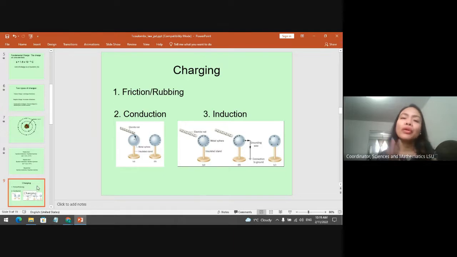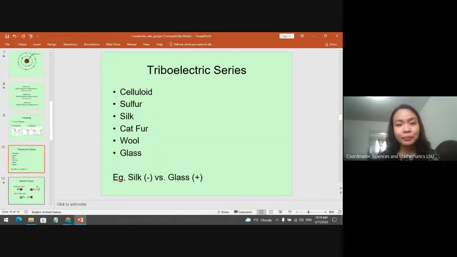Now, how are we going to know if we charge an object through friction or rubbing, whether it will become positively or negatively charged? With that, we have our triboelectric series. For the triboelectric series, we have a table wherein the materials are arranged.